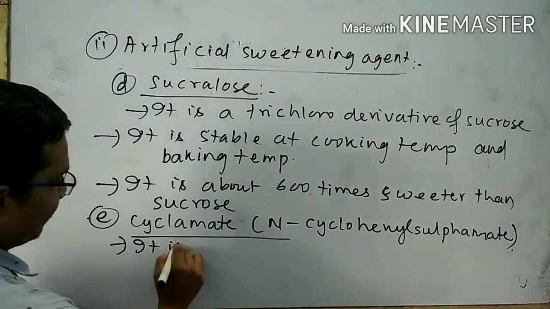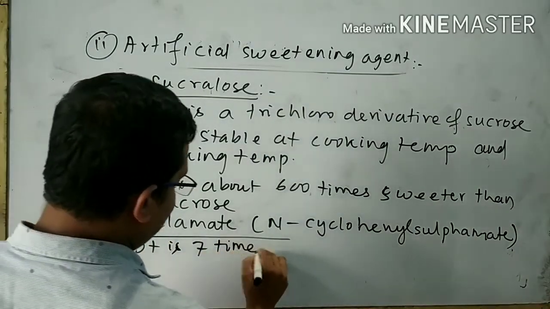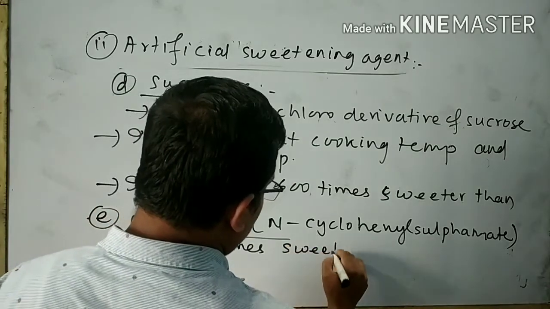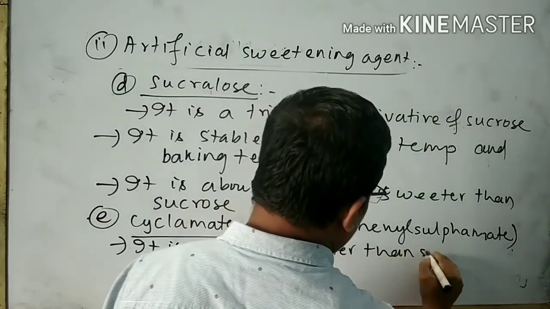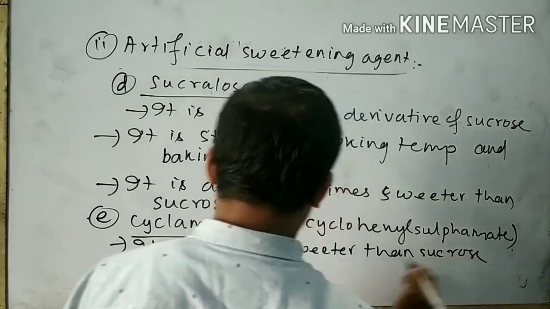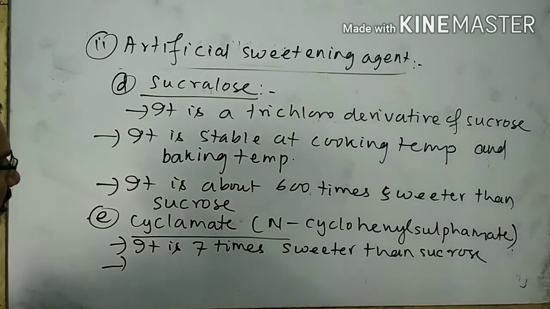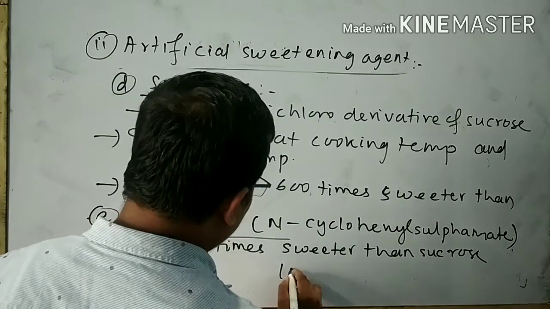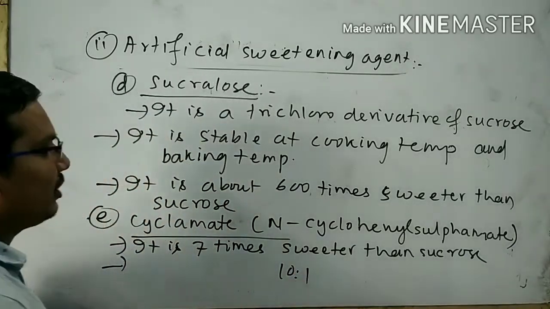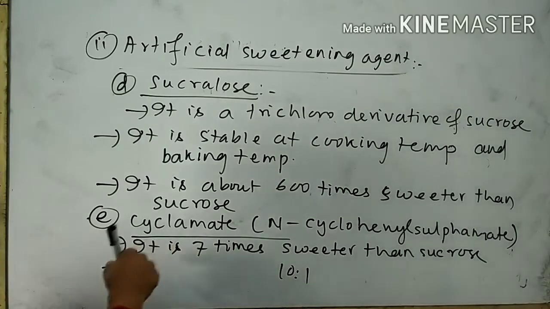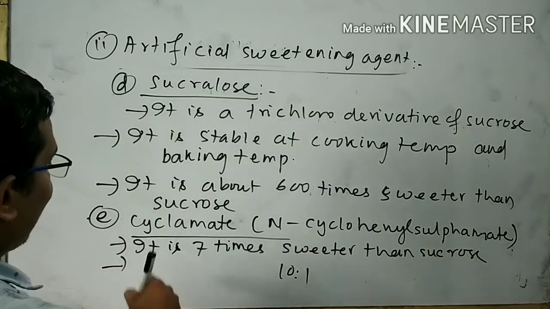It is 7 times sweeter than sucrose. If you take a mixture of cyclamate and saccharin in 10:1, then the sweetness of the mixture is more than both saccharin and cyclamate.